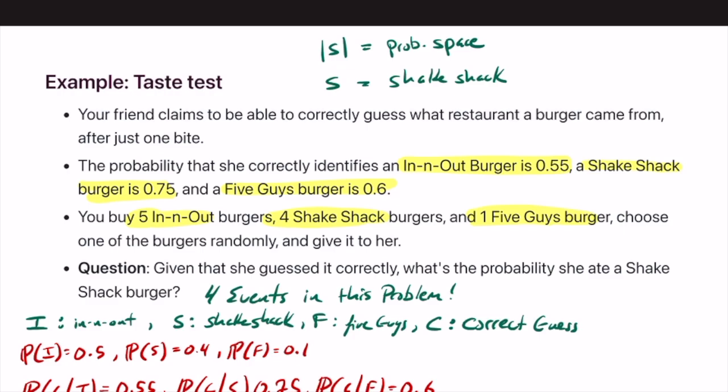And ultimately, what we want to find out, maybe we'll highlight this in green: given that she guessed it correctly, what's the probability that it was a Shake Shack burger? So that's the probability of a Shake Shack burger given a correct guess. And this is what we want to find out.